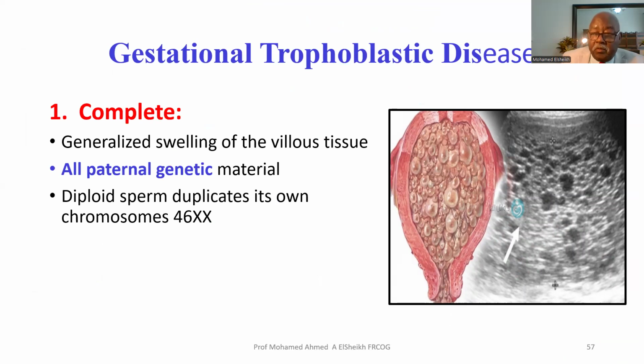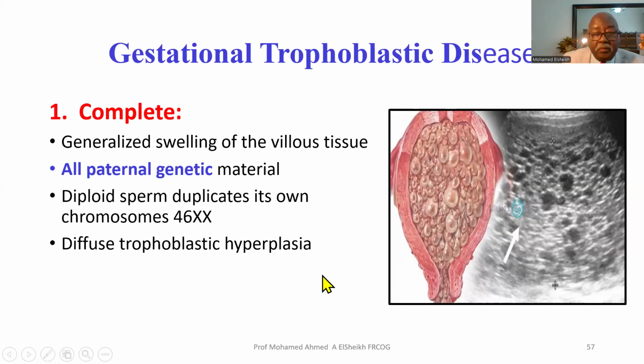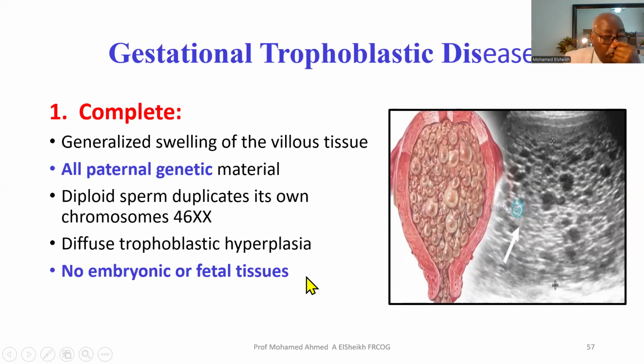We've got 46XX. Diffuse trophoblastic hyperplasia here, and no embryonic or fetal tissue would be seen. This is when you get it out and you open the uterus and you see, and this is how it looks on ultrasound. We say snowstorm appearance.